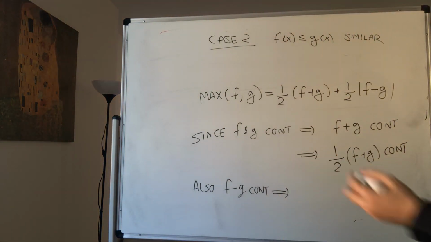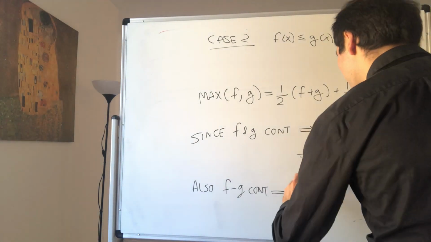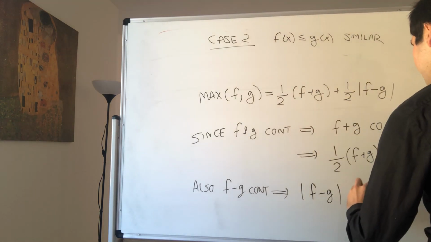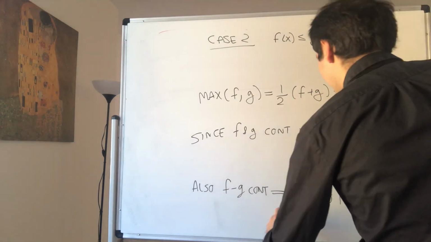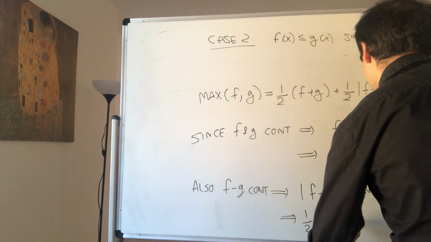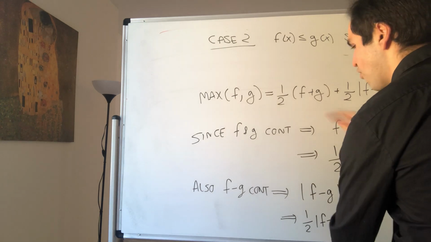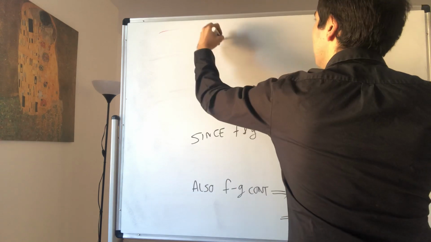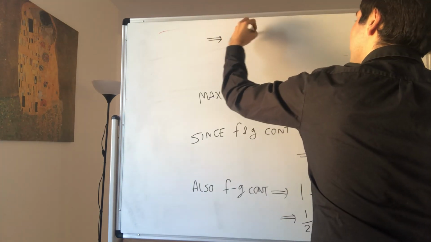Therefore, by a fact I've proven a couple of videos ago, the absolute value of a function is also continuous. And therefore, 1/2 of this is continuous. And therefore, the max is continuous as the sum of two continuous functions.